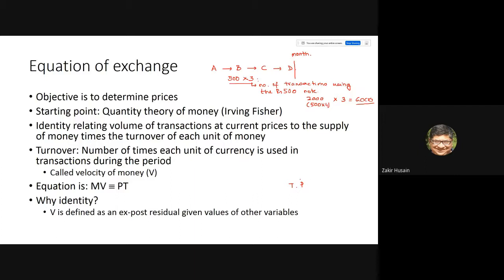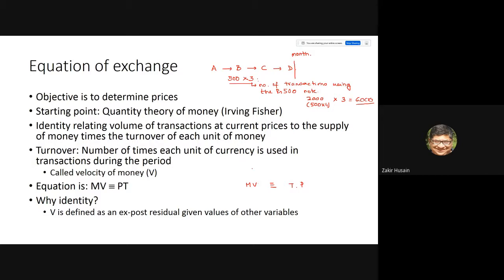So on one side, this is the value of transactions. The value of transactions can also be measured by M into V, and obviously these two will have to be equal. If you have too few currency notes, V will simply shoot up.